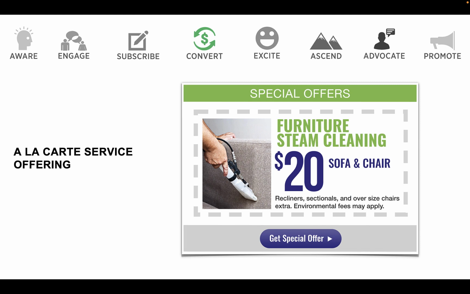And then a la carte service offering, $20 off a sofa and chair cleaning. And like I said, I leave these in here just because I want you guys to see real examples from business. $20 off sofa and chair is not relevant to a school, obviously, but hopefully it'll get you thinking about how you could create an offer similar to this for your own marketing.